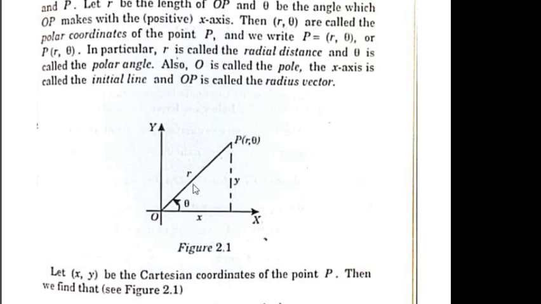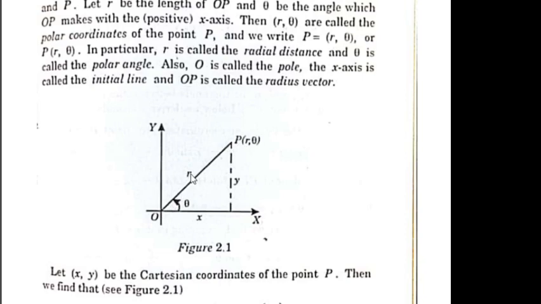As you observe, if you increase or decrease this length r, then you get a different position of the point P along this line.